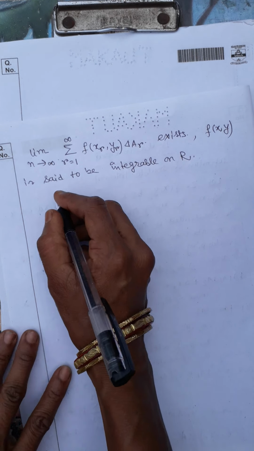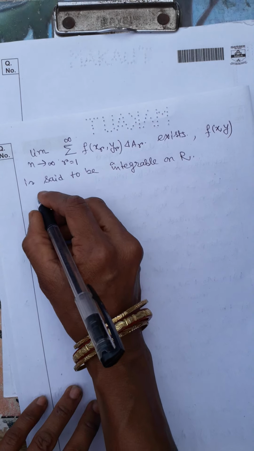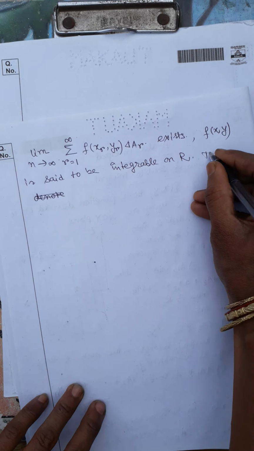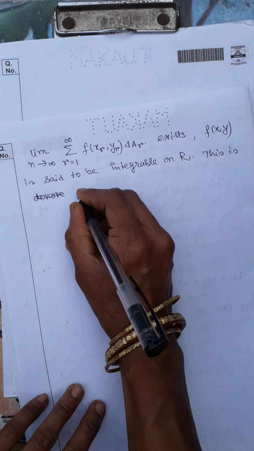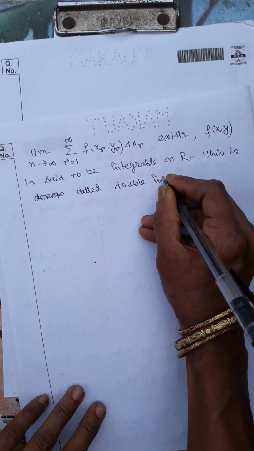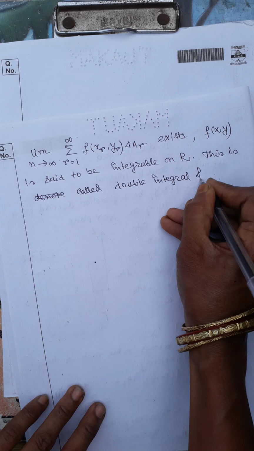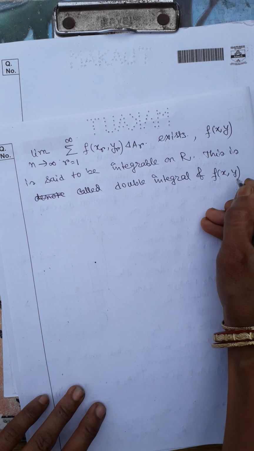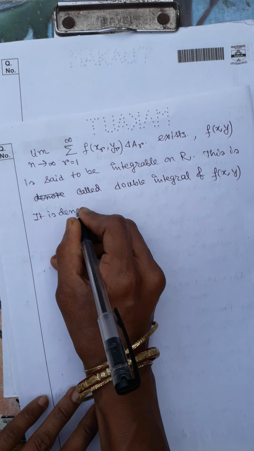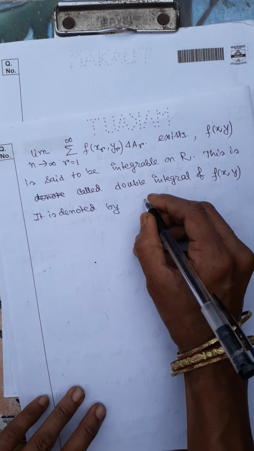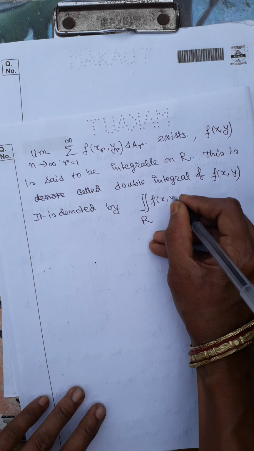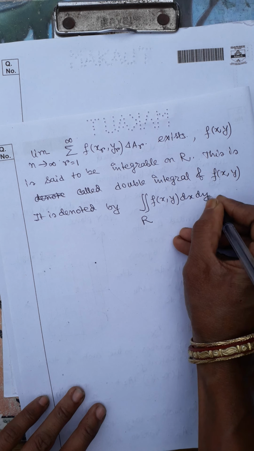Okay, this is called the double integral of f(x,y), and it is denoted by the double integral over the region R of f(x,y) dx dy.